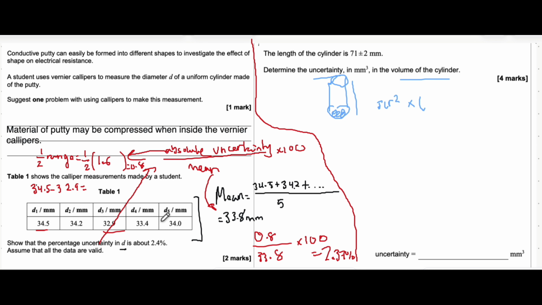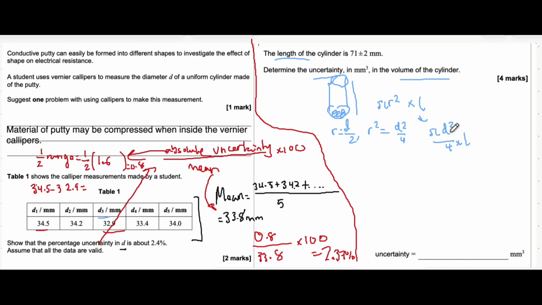Now what we are dealing with is the diameter, because that's what it's given us before, and also it's given us a length. Since the radius is half the diameter, r squared is just diameter squared over 4. So we can replace this whole volume equation with pi times d squared over 4, all multiplied by length.